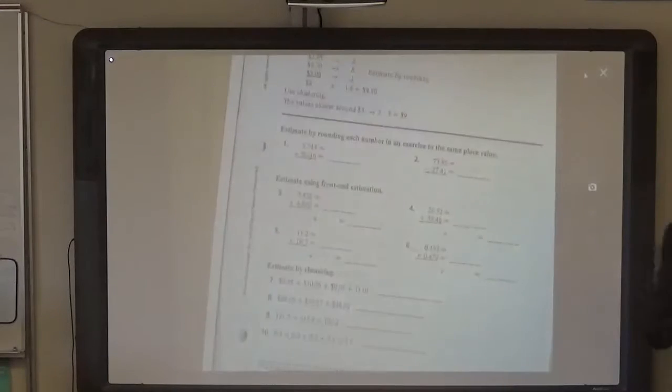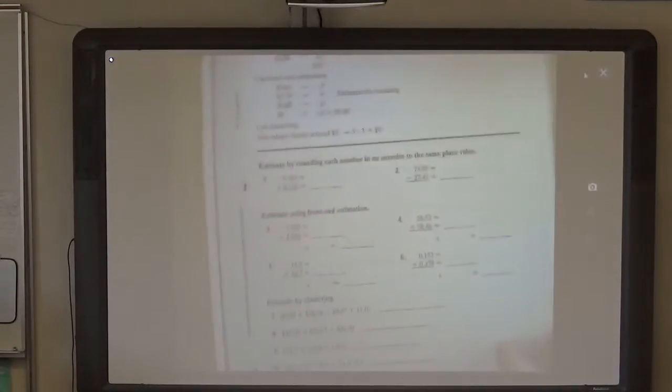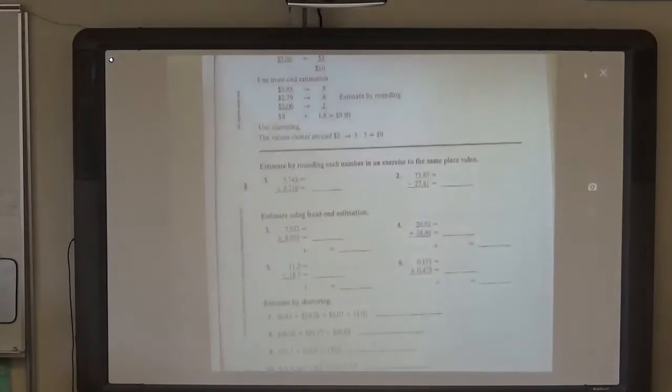Using front-end estimation, if you have decimals, that means rounding them to the nearest whole number. Or if we have numbers in the hundreds, rounding them to the nearest hundred. One of the things that you have to think about whenever you're estimating is to think about what the numbers are between.